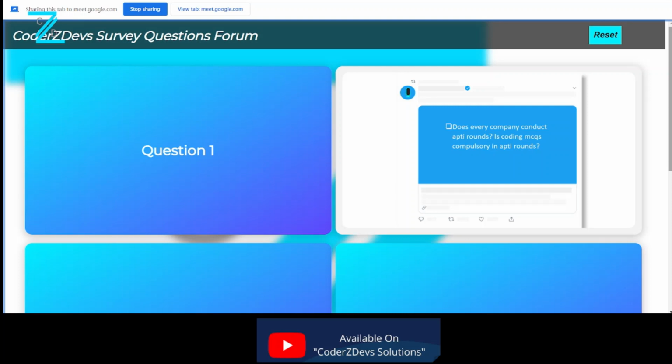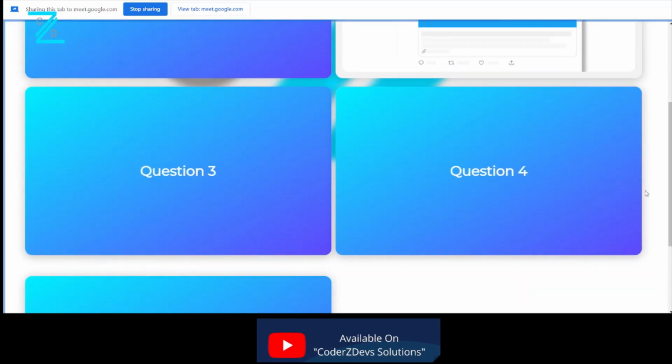And the second question is whether coding MCQs are compulsory. I think he means to ask whether each and every aptitude round consists of coding MCQs, where there is a given code and you are asked the output of it. Correct. So as I said, 70 to 80% of companies might ask coding MCQs. Okay, great. Let's move on to the next question.